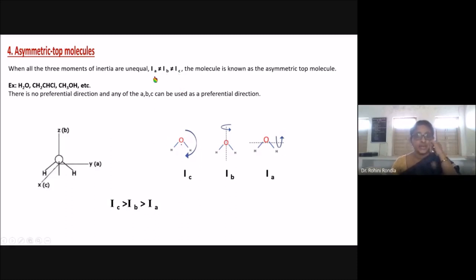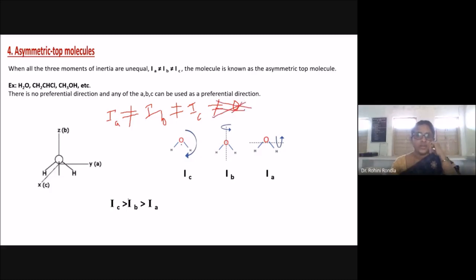But here we are not showing it like this. See the difference from all the others: IA is not equal to IB. Okay. And IB is also not equal to IC. All are different. But here we are not saying this is equal to 0, and we are also not saying this is not equal to 0.